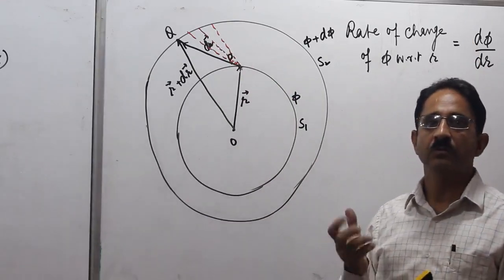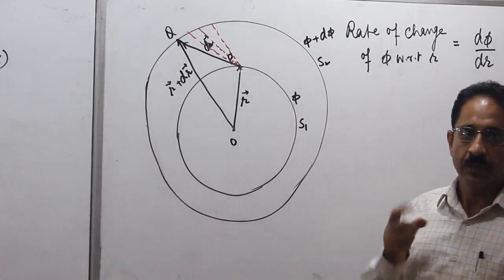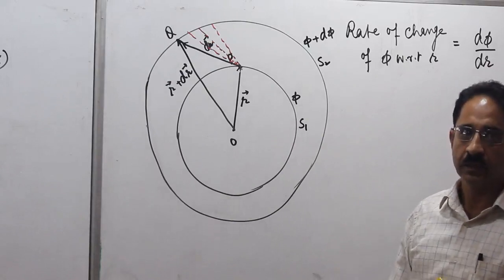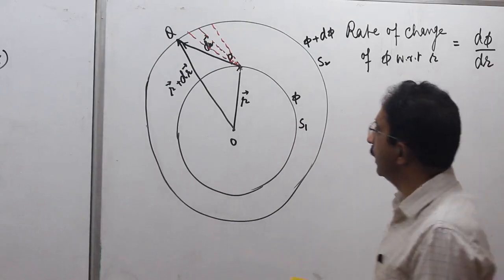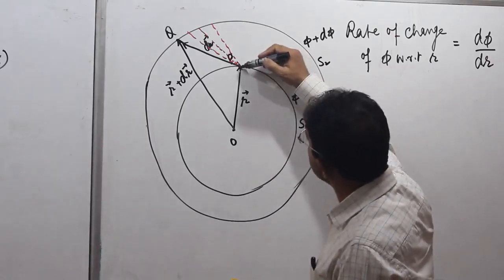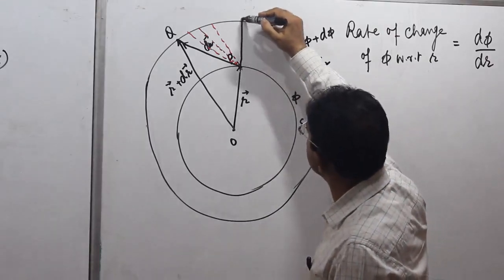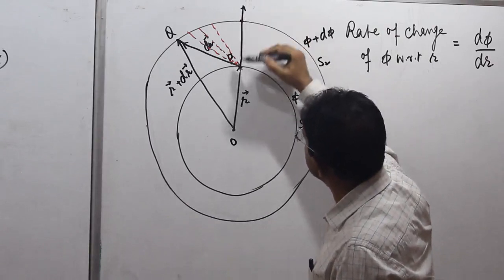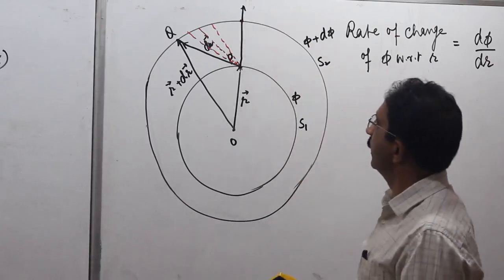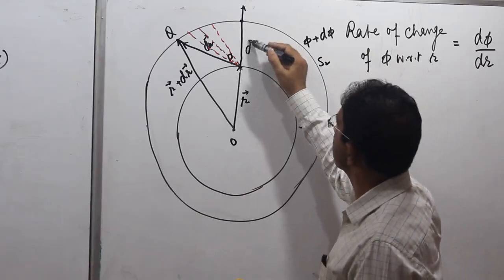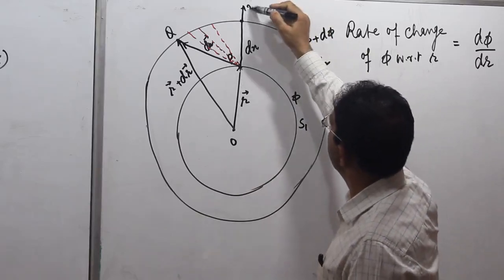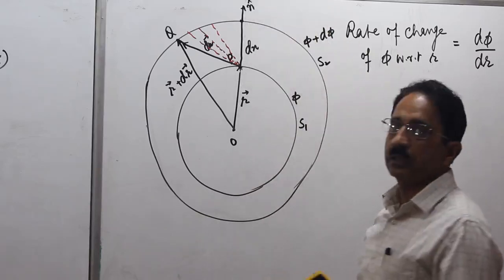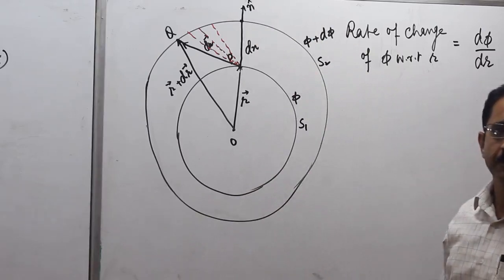So it's not a unique value, but we can make it unique. That unique value can be obtained if we go along the shortest distance between the two level surfaces, that is this direction. So this direction is the shortest distance, and I call this shortest distance dn, and call this direction of unit vector n cap.